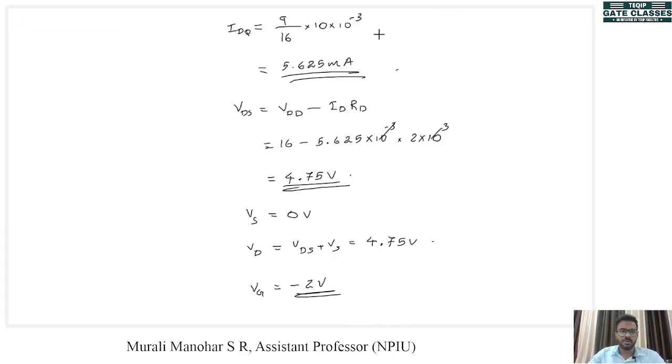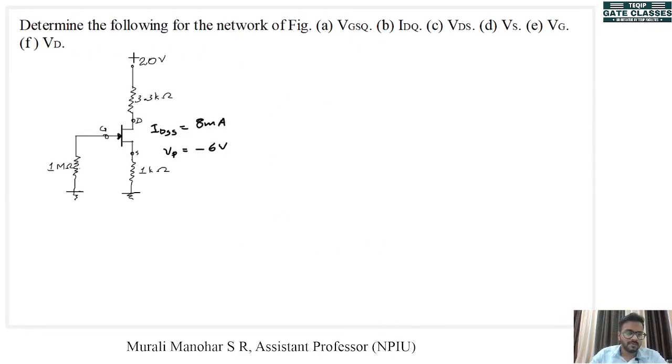Now let's do the next problem. Here we have another circuit. This is a self-bias configuration. Here determine the following for the network of figure: VGSQ, IDQ, VDS, VS, VG and VD, same as before. The only difference is this is a self-bias circuit, right?